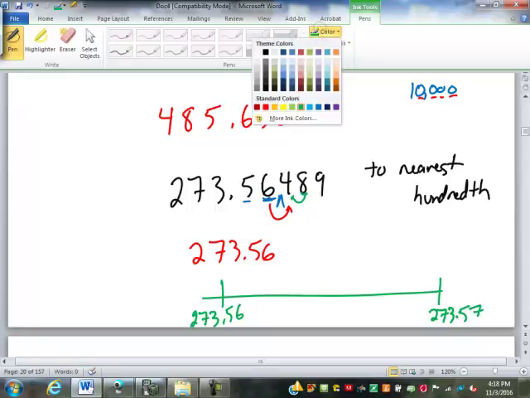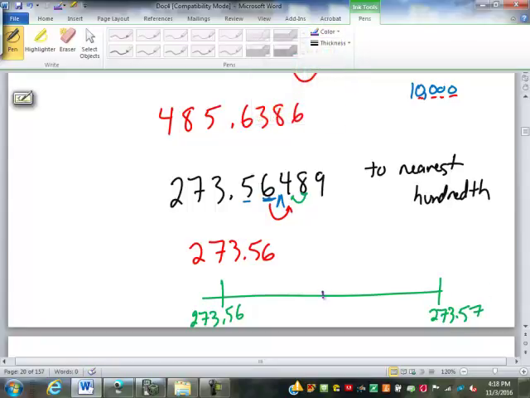And you're asking which one is it physically closest to? Well, somewhere in the middle here is 005. But we are at 489, which is going to be just short of that. That still goes back here because it is less than 5. So you can't round it up to 5 and then use that to round up. It is less than the halfway point where it is. It's going to round down. Any other questions?